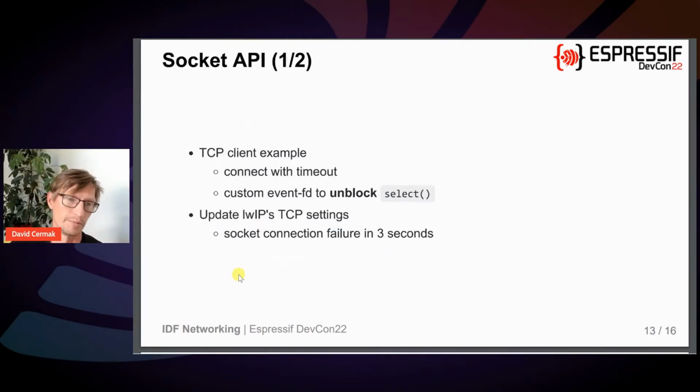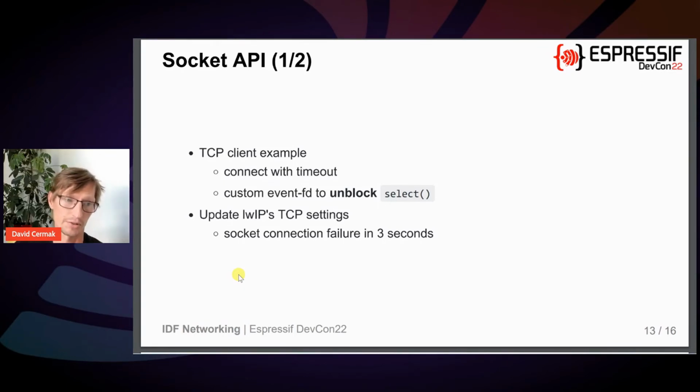So this is about interfaces, and the last point I wanted to mention is about the socket API, or API in general, and the recommended one is the socket. Here I am going to run a TCP client example, and I'm going to talk about connection timeout, because LWIP sockets are again one of the differences. For example, with Linux sockets, for blocking sockets, LWIP does not support any timeout.